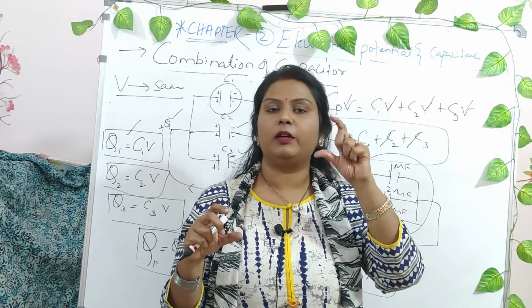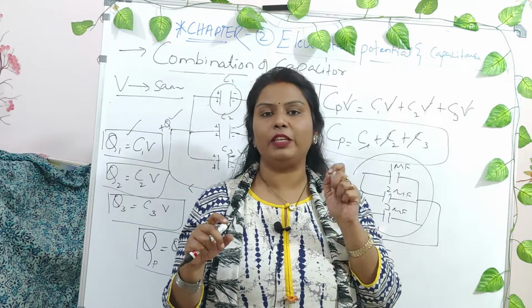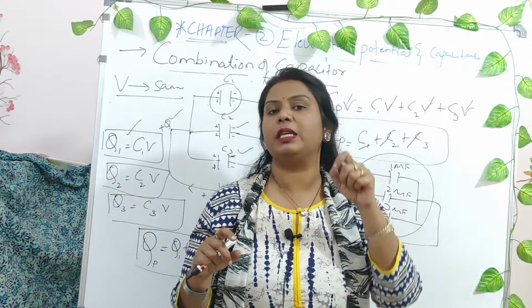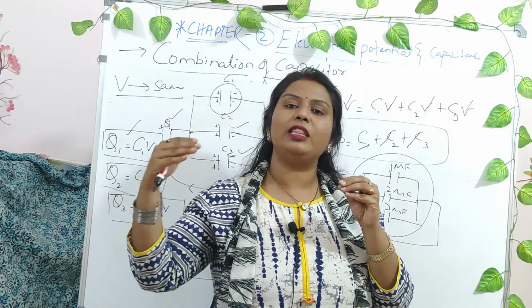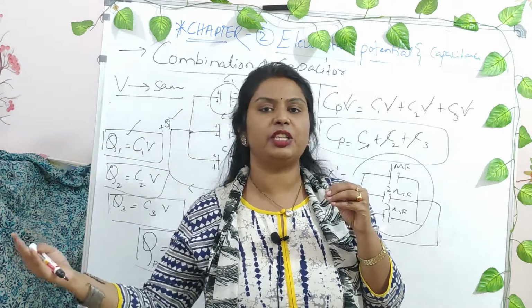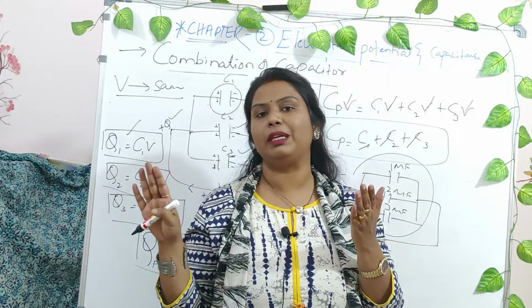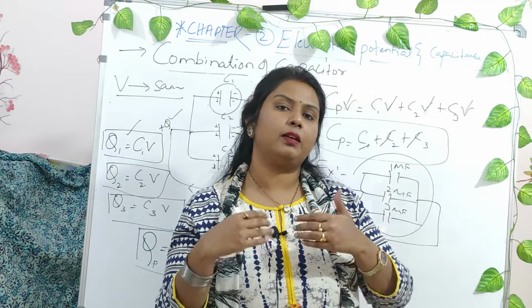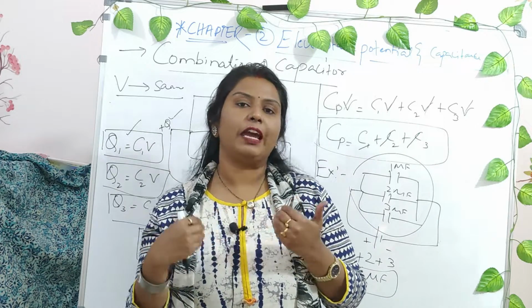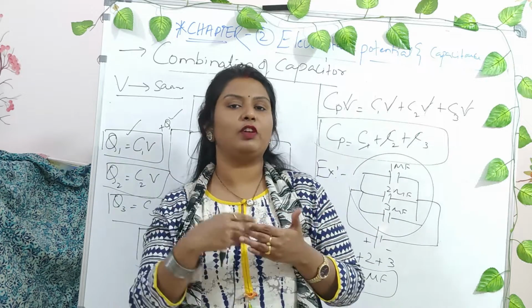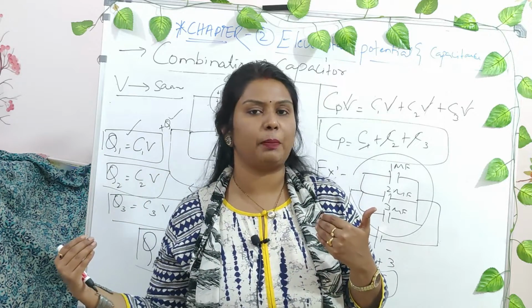Why? Because there is only one particular point where we give a charge, that is the left plate of capacitor 1, and hence all the other charges are induced in nature, and the quantity of the charges remains the same. And what was the different value? We have the potential varying from one capacitor to another, right?